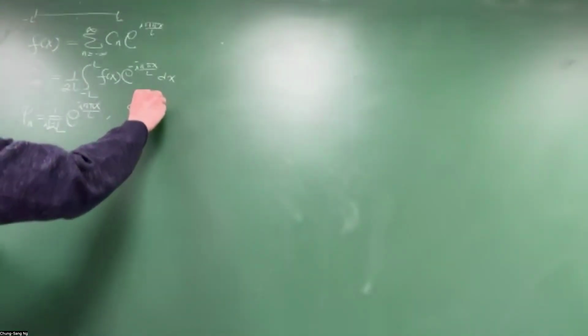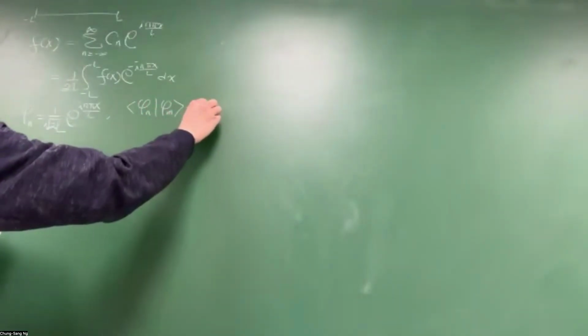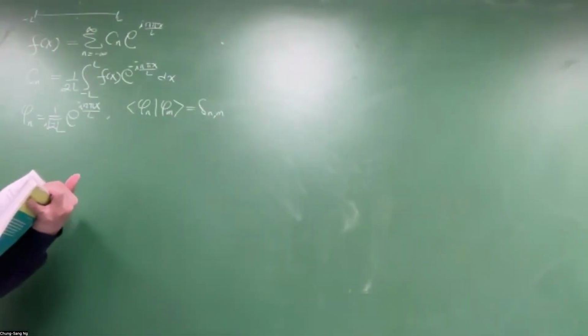Then the orthonormal condition is just the scalar product equals delta n m, the Kronecker delta. That is just the symbol for 0 if n does not equal m, and 1 when n equals m.